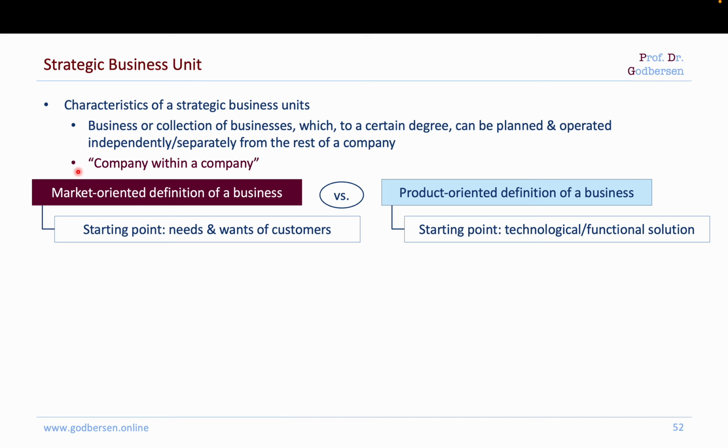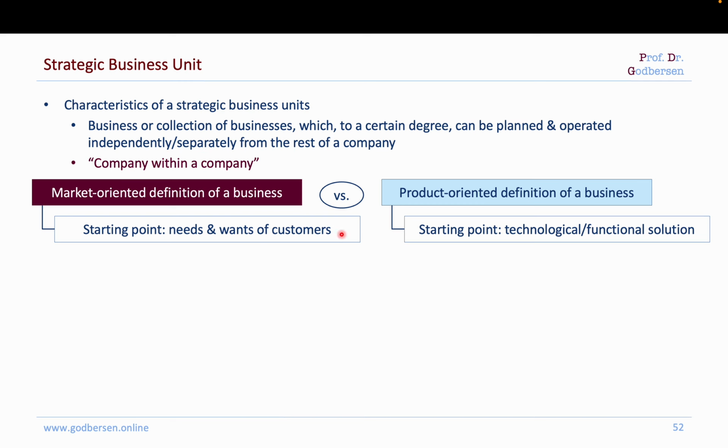Back to the basics, how can you define a business unit or a business? You have two approaches. You can define your product from a market-oriented view, and then your starting point is the needs and wants of the customers.